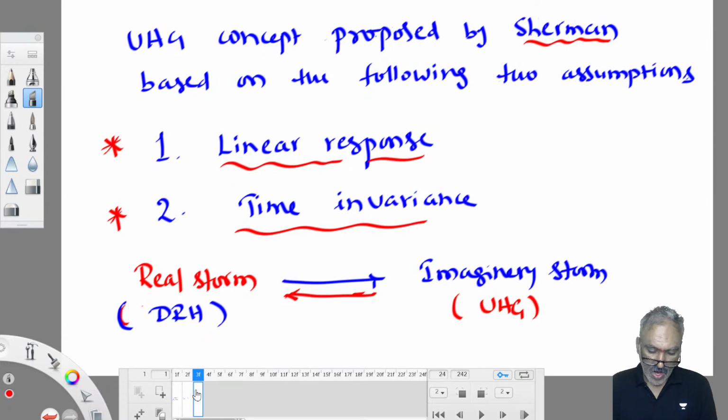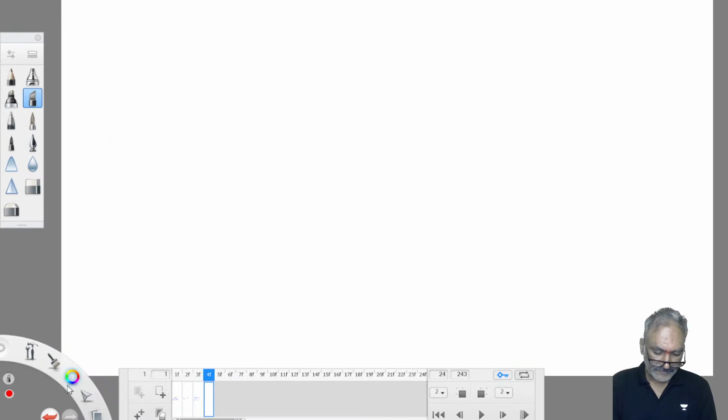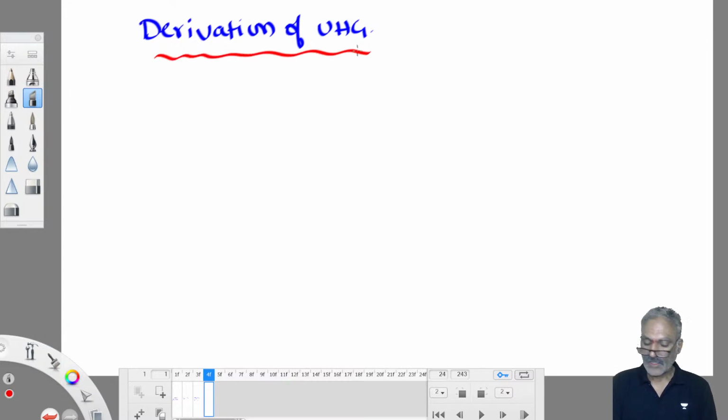Okay. So how do we derive this direct runoff hydrograph based on these two assumptions? Let us see with the help of the unit hydrograph. First of all, let us know how to derive a unit hydrograph from a real storm hydrograph. A real storm is normally a storm hydrograph.